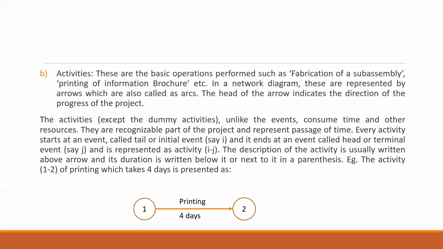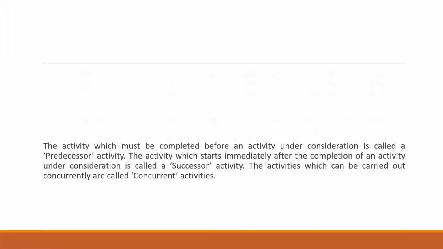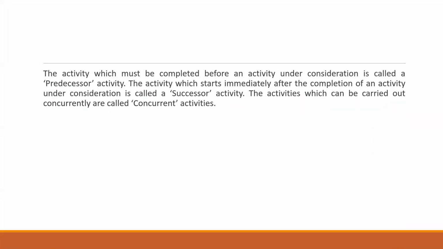Now coming to the relationship between the nodes, let us see those. There are 2 words which we'll be using frequently. The activity which must be completed before an activity under consideration is known as your predecessor. A predecessor activity needs to be completed before starting the next activity.